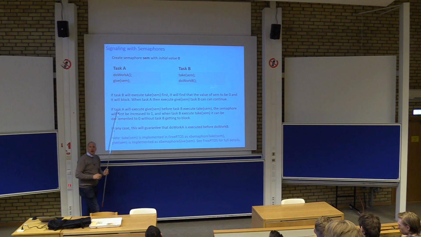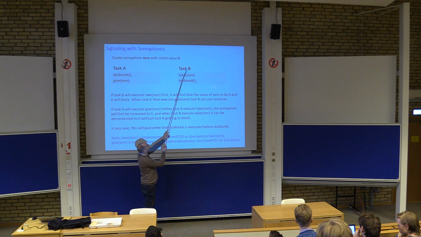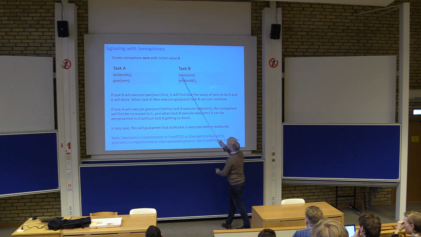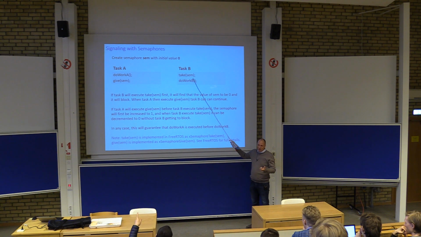But let's say now the scheduler tries to first execute task B. So we start here. It will do the take semaphore, and the value of the semaphore was initially 0. So what will happen now from the definition of the semaphore? B goes to blocked state. A or other tasks waiting in the ready state can be executed.